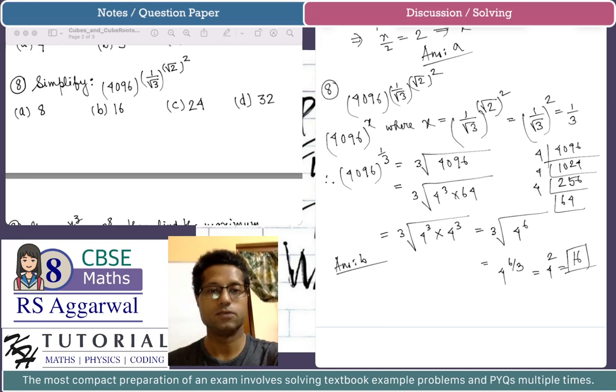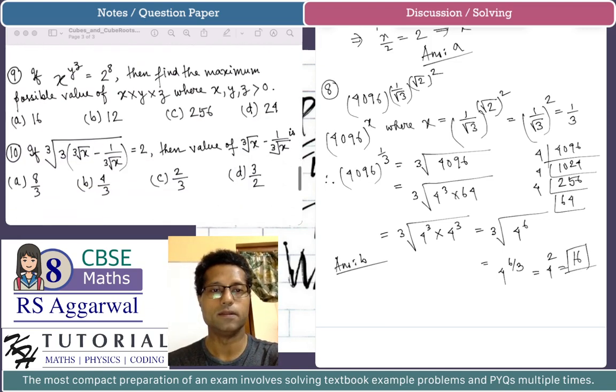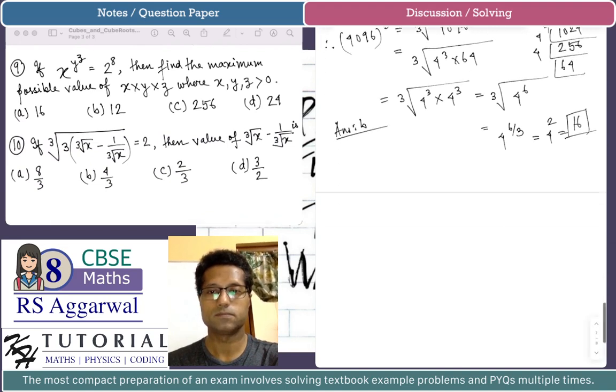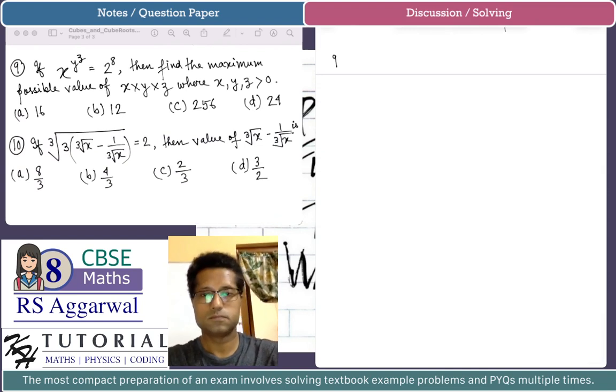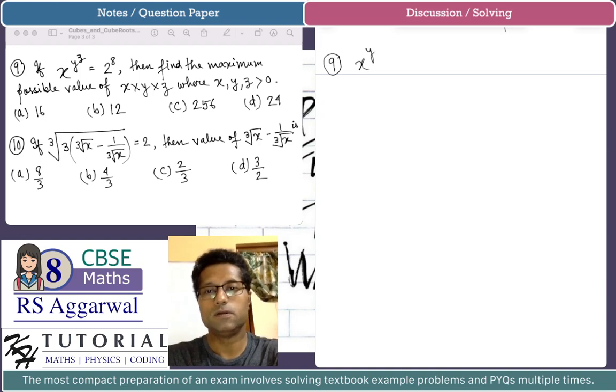Okay. Let's do problem number 9. It is given that x to the power y to the power z is equal to 2 to the power 8. Then find the maximum possible value of x into y into z, where x, y, z are all greater than 0.